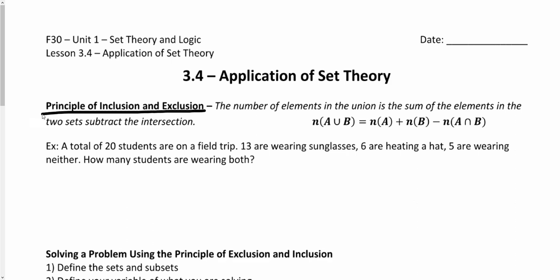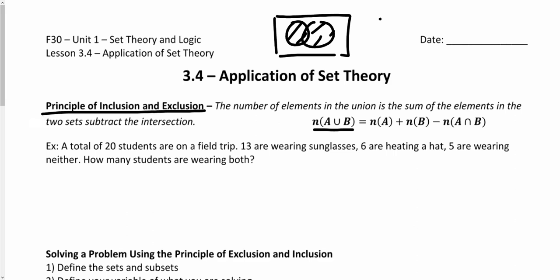Okay? So remember the union here, that's everything. That's all of this. What it's saying is, to calculate all of this, I'll draw one more over here, the same thing. This is A, this is B. You're going to double count where they intersect.